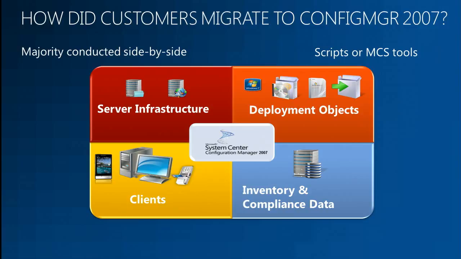They probably didn't have all the expertise to do that. All they knew was that they wanted to do an OS refresh or a hardware refresh, or just take it as an opportunity to start over. So they had to get resources or create a lot of custom solutions. Scripts or MCS tools were pretty prevalent to move stuff between 2003 and 2007 or between 2007 and 2007, but largely they had to get custom homegrown solutions to do that.